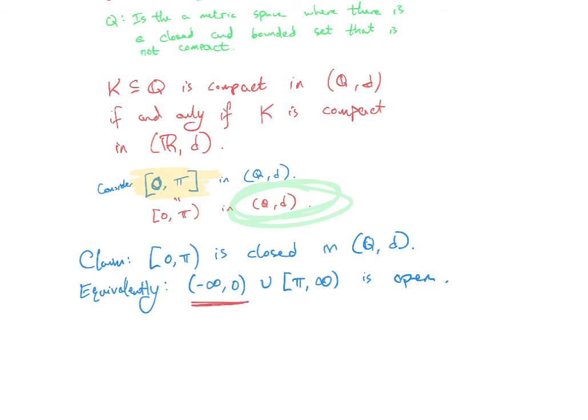I hope everyone's going to agree. Now, I hope everyone will agree that this set from minus infinity to 0 is going to be open even in the rationals. Every point in there is going to have a neighborhood in there. Okay. What about the other set? Why is the interval from pi to infinity open in the rationals?